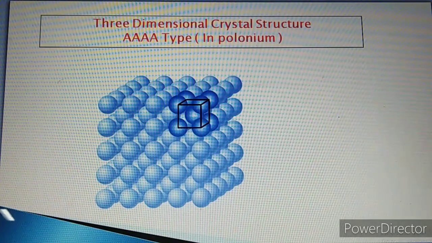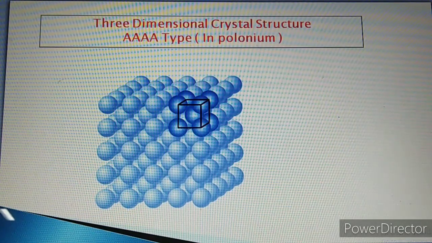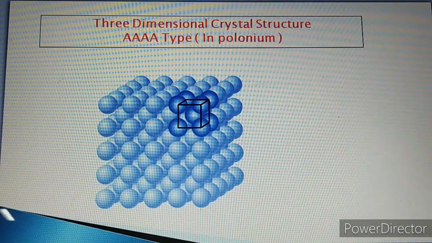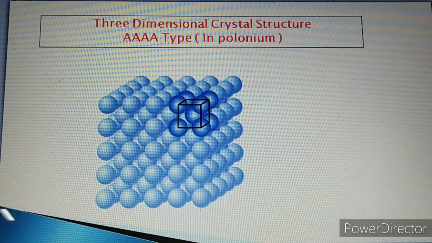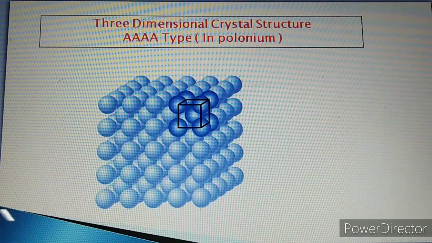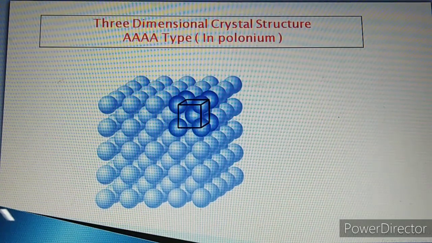See the first one, the three-dimensional crystal structure for AAAA type arrangement, and this arrangement is found only in the case of polonium. Polonium shows the AAAA type arrangement. So, we will now discuss the three-dimensional crystal structure for AA type arrangement.